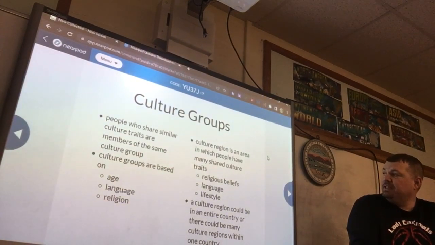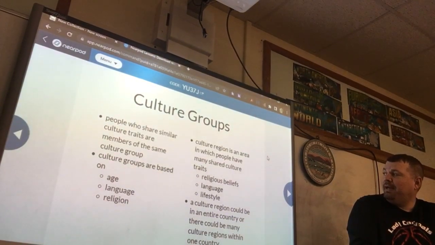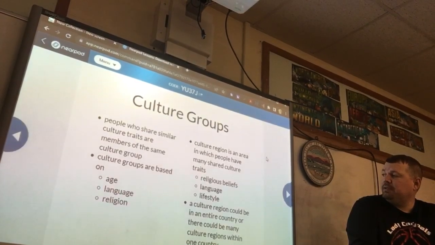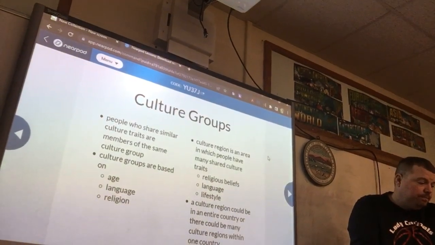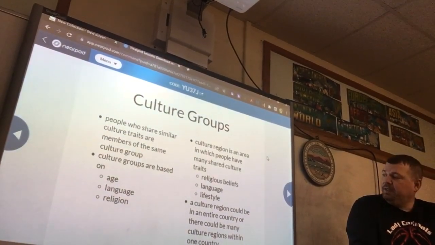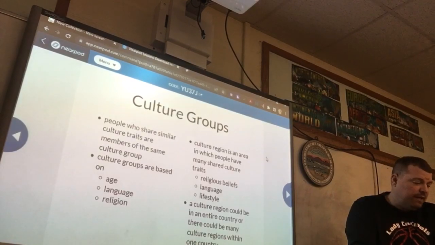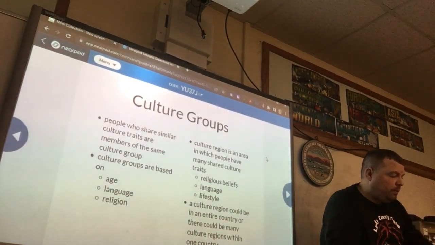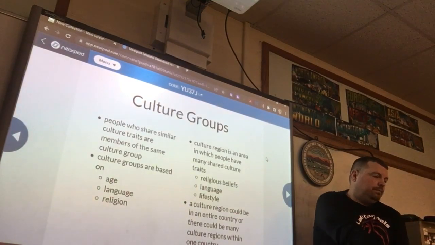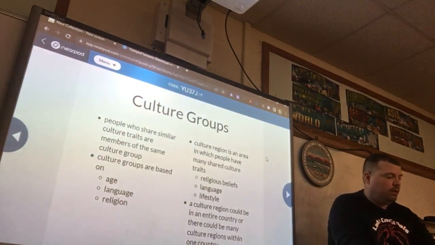A culture region is an area in which people may have many shared culture traits. Religious beliefs, language, and lifestyle. A culture is often based.